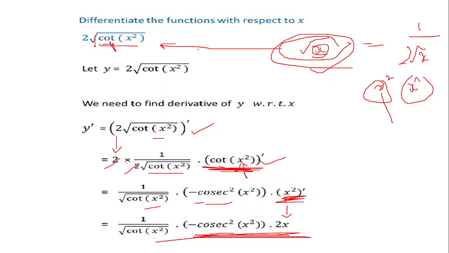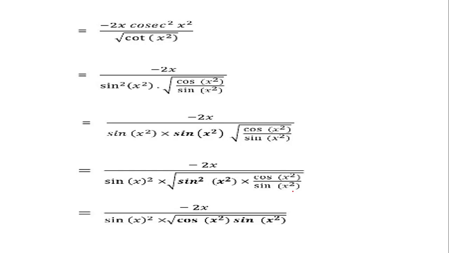So root x differentiation is 1 by 2 root x. I have written in this form. Next, inside terms should get differentiated. Inside terms are cot x square. So cot differentiation is minus cosecant. So x square as it is. Once again I need to differentiate x square. X square differentiation is 2x. Clear? This is the way to solve the problem.